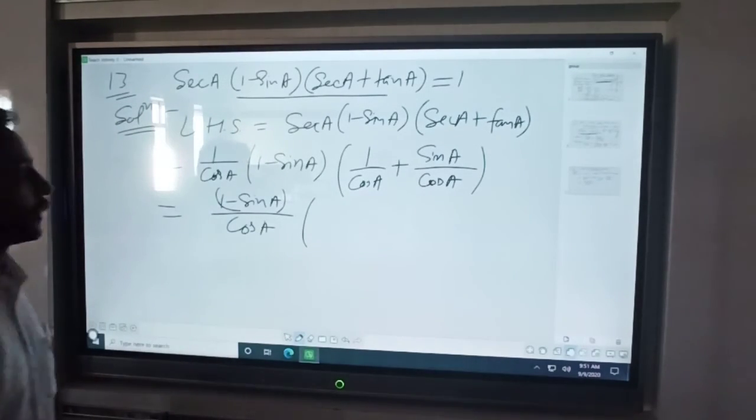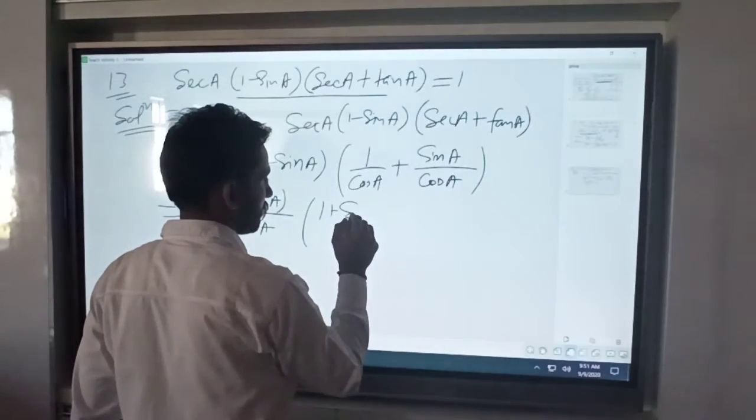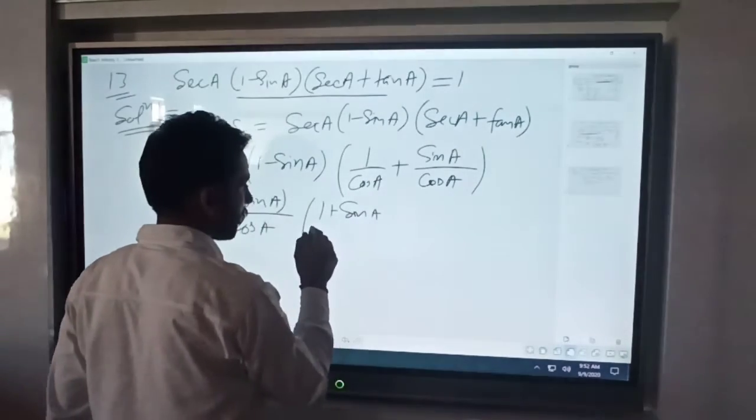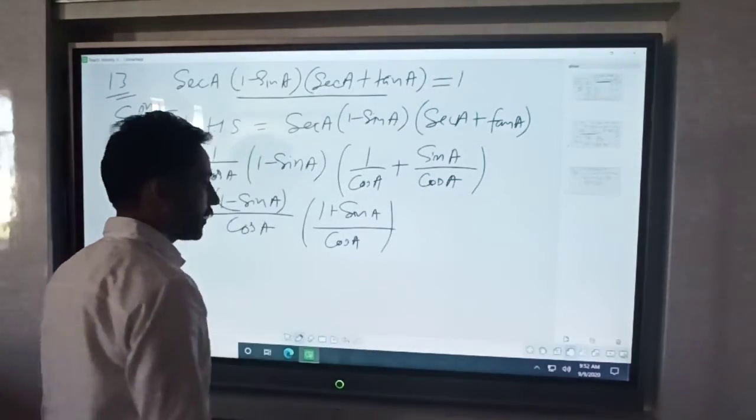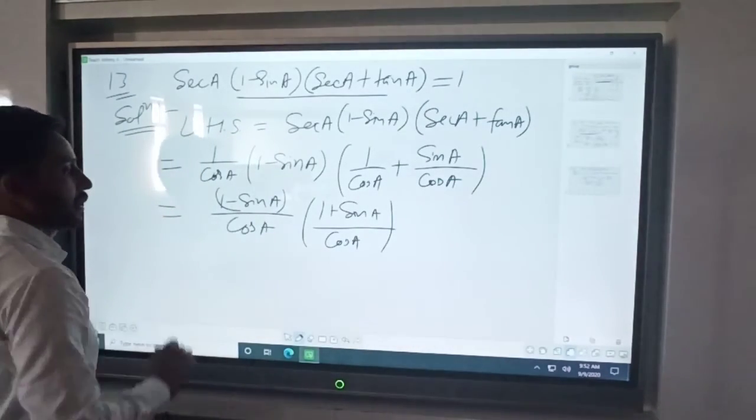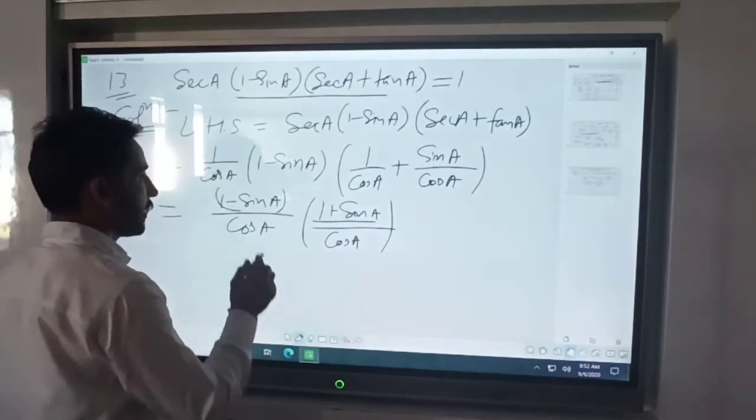Same है cos, so it becomes 1 plus sin A over cos A. Now this is 1 minus sin A and this is 1 plus sin A.